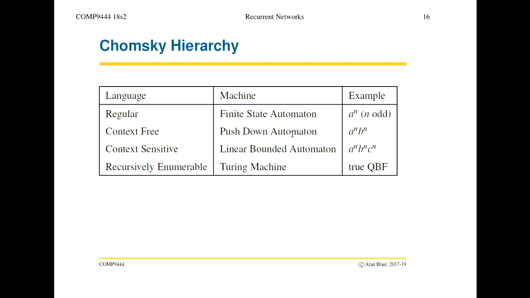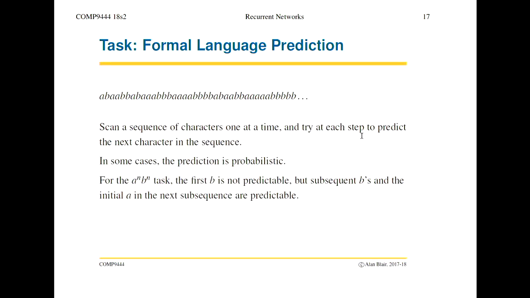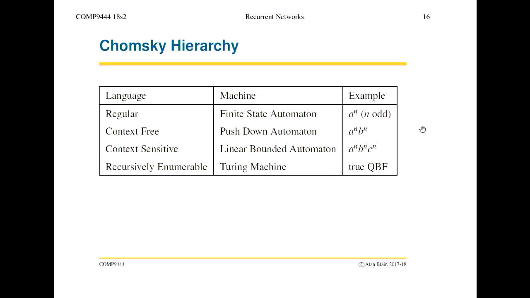An example of one of these context-free languages is ANBN. ANBN means the string consists of a certain number of A's and then the same number of B's. That n can be any number, but the numbers have to match.